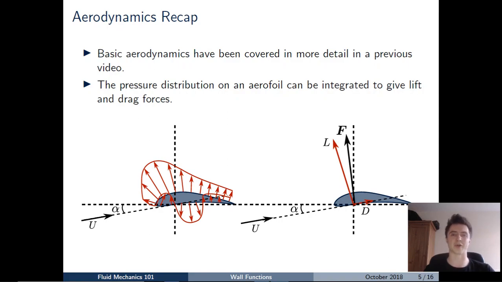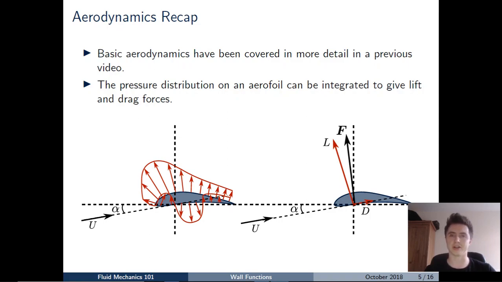But if you've done that already, just to give you a brief reminder of what happens is when we have some free stream wind coming in at a velocity u, as you can see from the diagram, and this wind comes in and approaches the aerofoil chord line at some angle, alpha, and we call this angle the angle of attack. And what happens as the air flows over the top and bottom surfaces of our aerofoil is that we generate a pressure distribution.